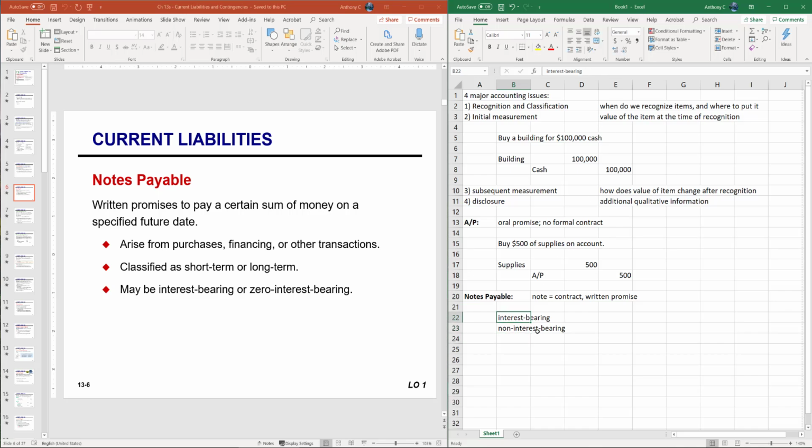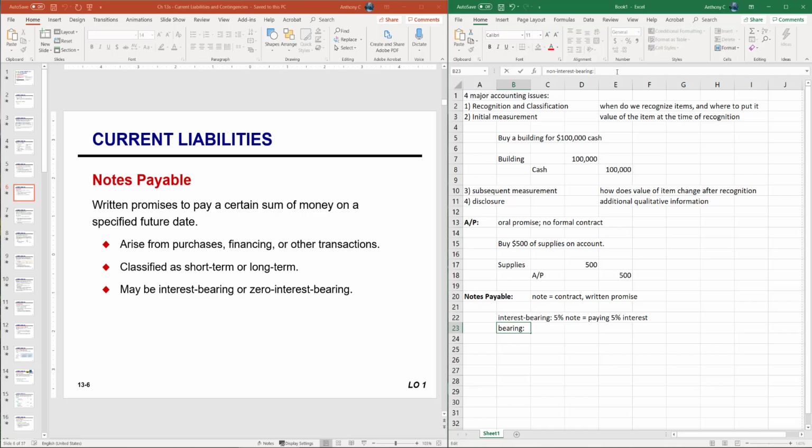In both cases for these notes, we're still going to be paying interest on the note. The only difference is whether the note explicitly says the amount of interest we're going to pay. So with the interest-bearing note, we might see, for example, a 5% note. A 5% note means that we're paying 5% interest.